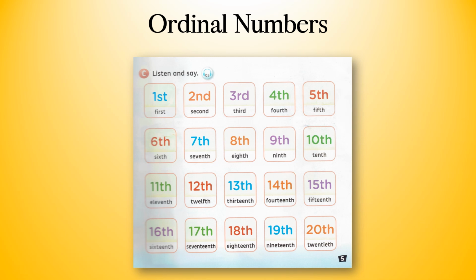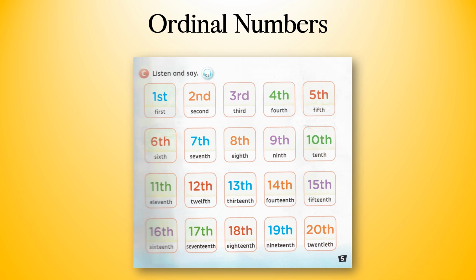Okay, here we can see a group of squares. Question number 1, how many squares are there? There are 20.